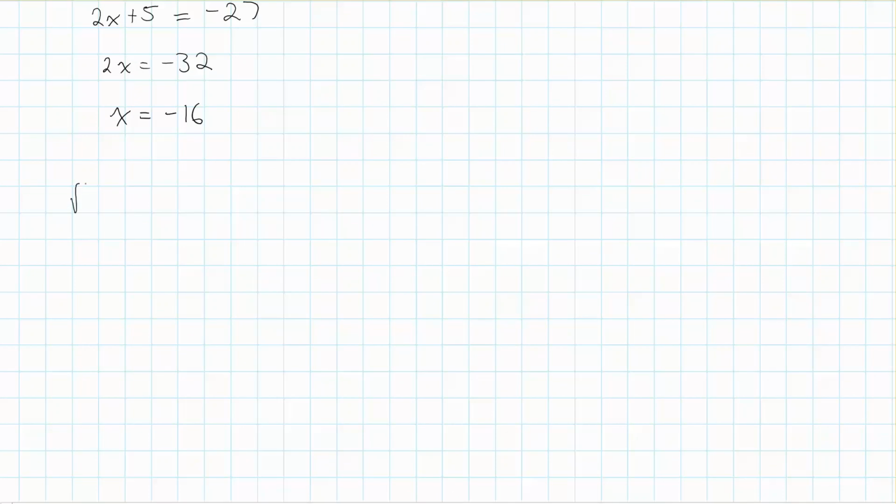Let's look at the square root of x plus 4 plus 5 equals 0. So we have the square root of x plus 4 is equal to negative 5. But this right here does not make sense.